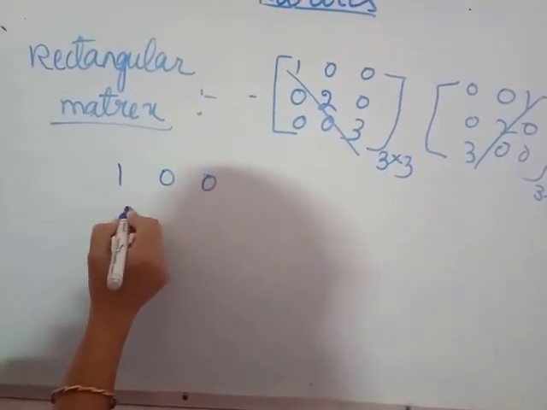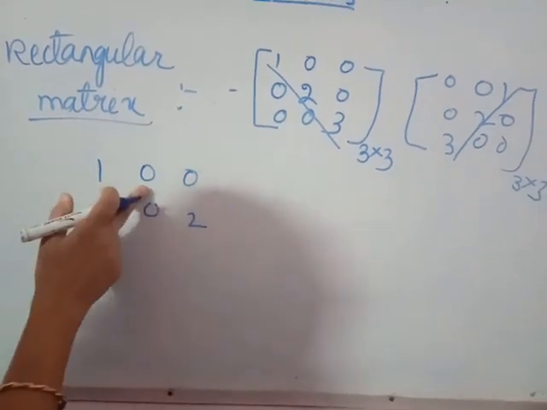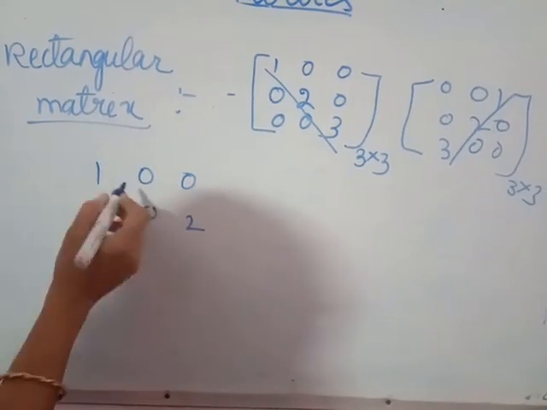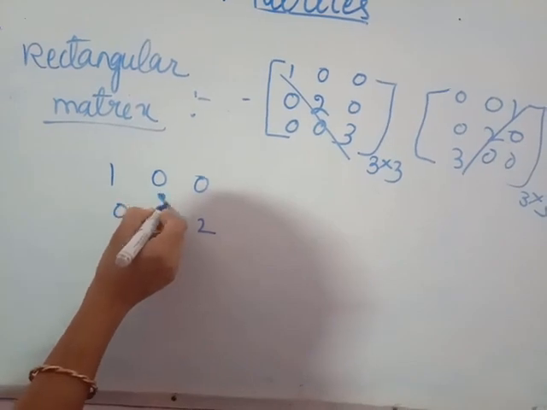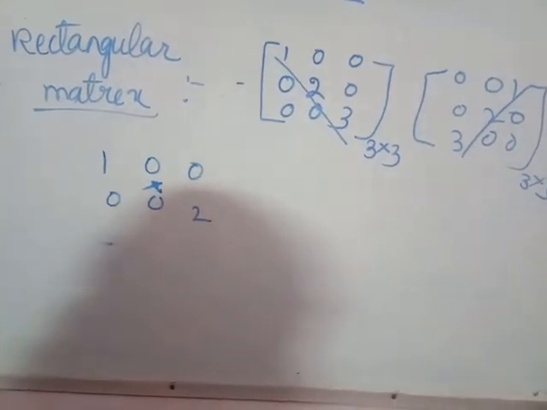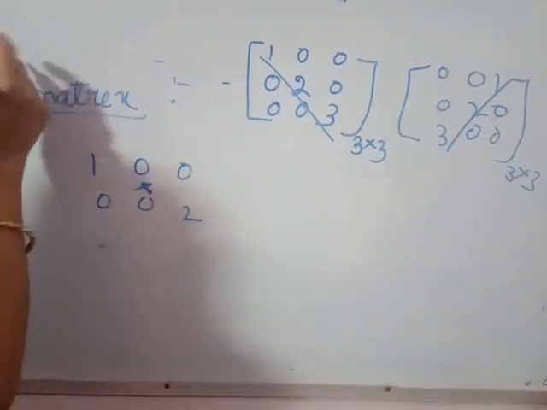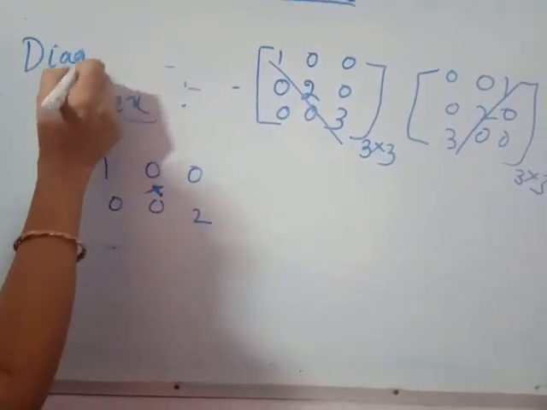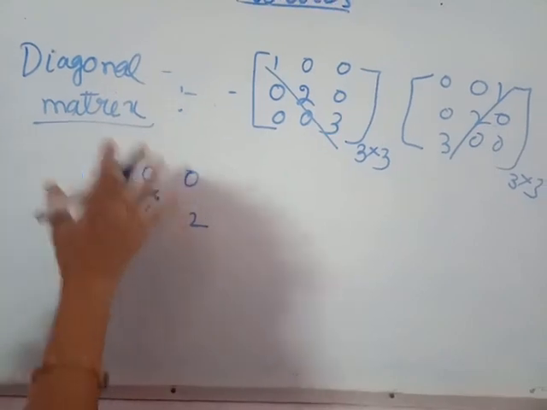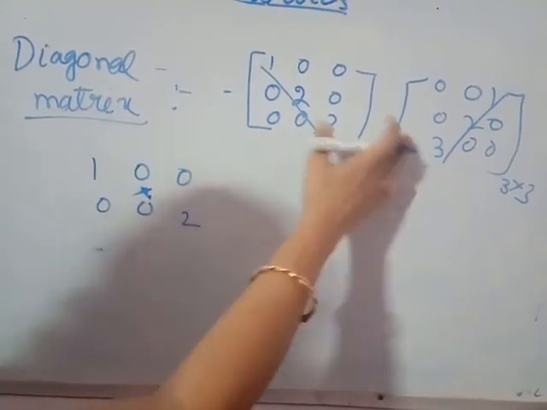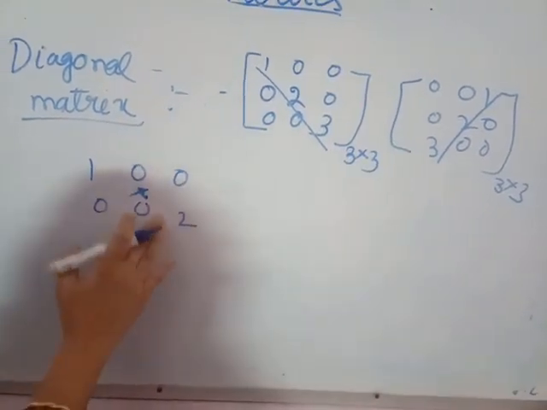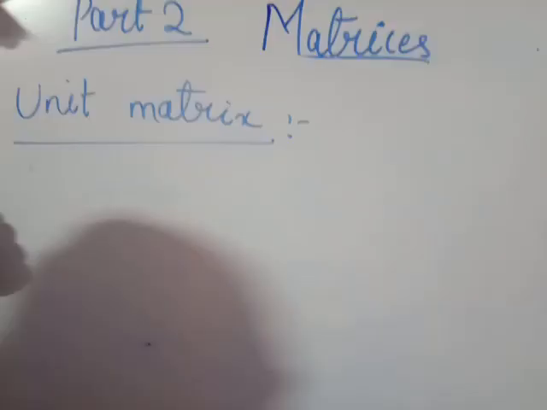I cannot put suppose 0, 0, 2, because one element is missing. It is not the diagonal. So we cannot do the diagonal matrix in the rectangular matrix. Only a diagonal matrix can be done in the square matrix, not in the rectangular matrix.